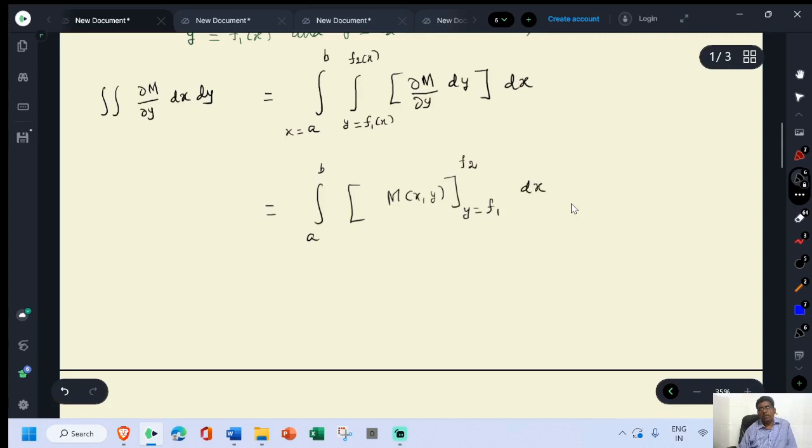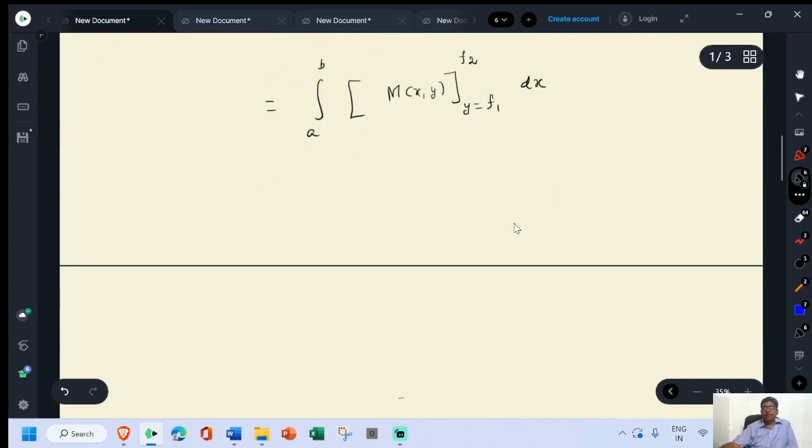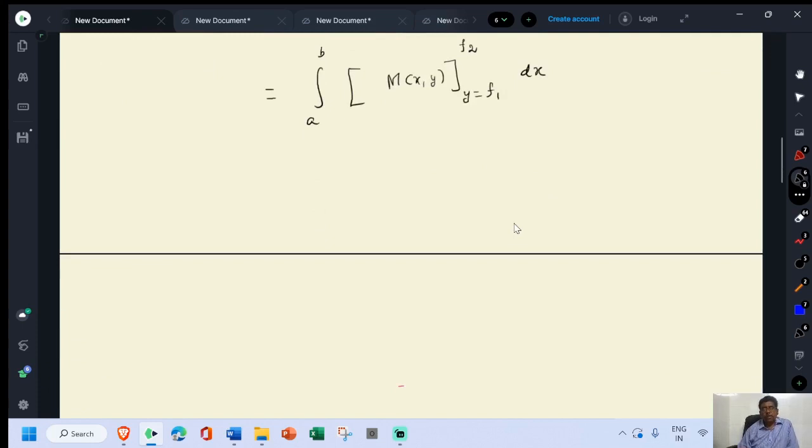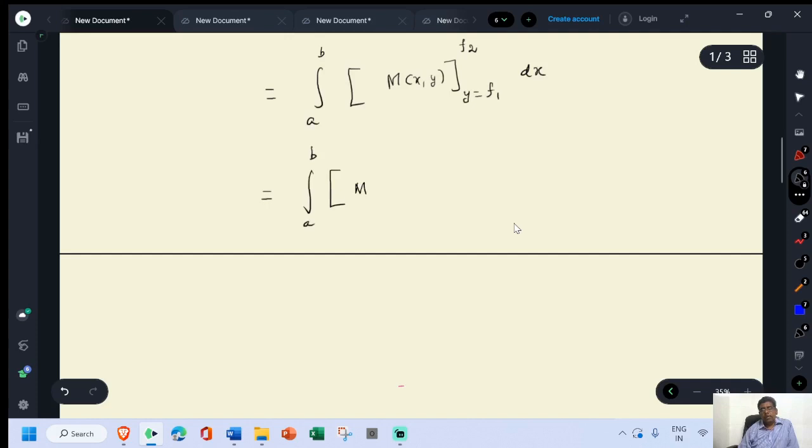The entire thing is multiplied by dx. This is equal to the integral from a to b of M of x comma f2, the upper value of y, minus M of x comma f1, the lower limit, the entire thing multiplied by dx.